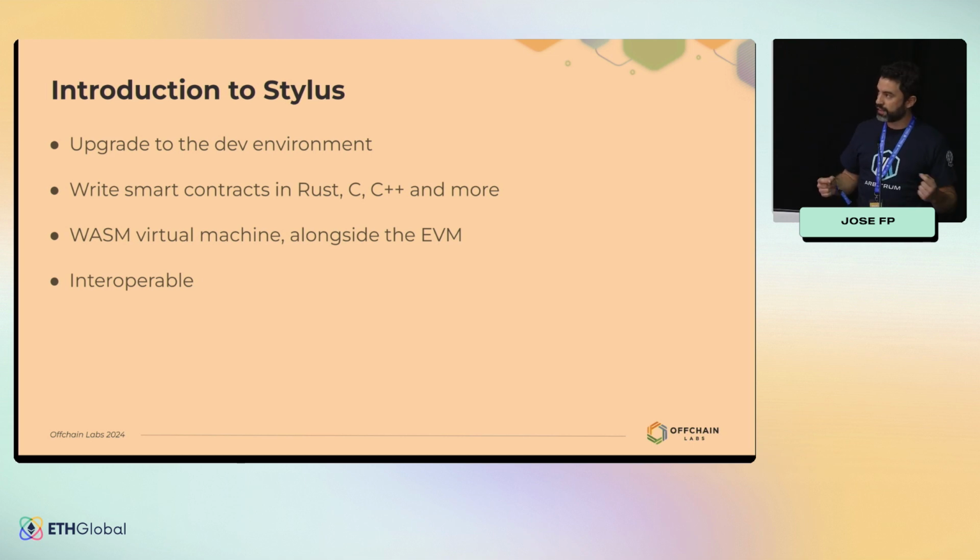The way this works is that alongside the EVM, there is a new virtual machine that executes programs written in WASM. So actually any language that can compile down to WASM can run on this virtual machine. And both virtual machines can speak to each other. So that means that contracts for Stylus can call contracts in Solidity and the other way around.